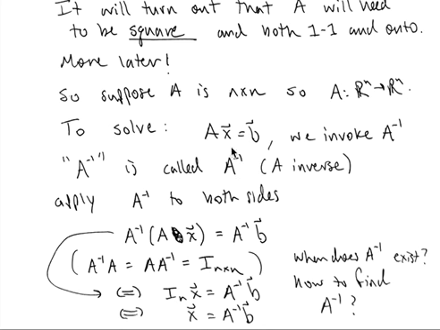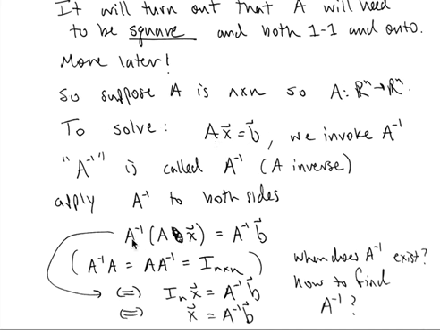And so if you just start here, you can formally do the algebraic steps, which you've been doing your whole mathematical life. If you start with Ax equals b, and you apply A inverse to both sides on the left, if you knew that this was true to begin with, okay, then you apply A inverse.